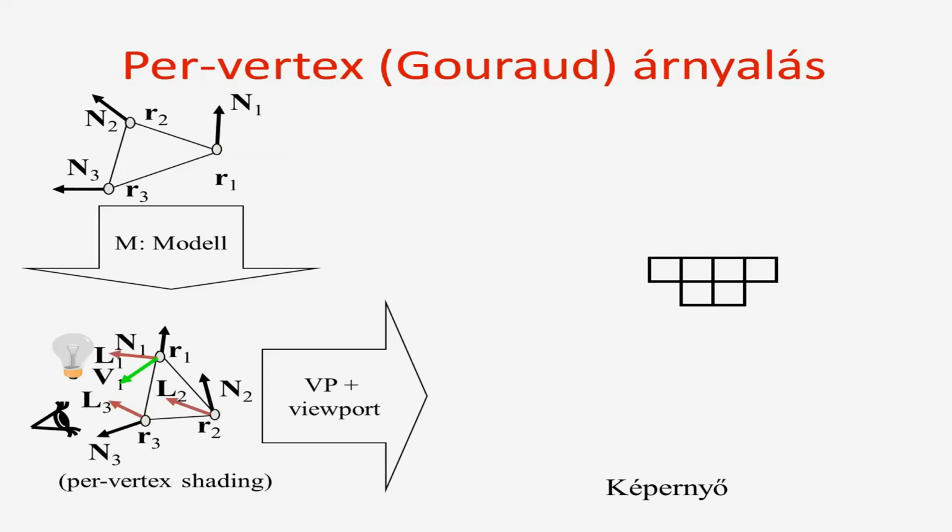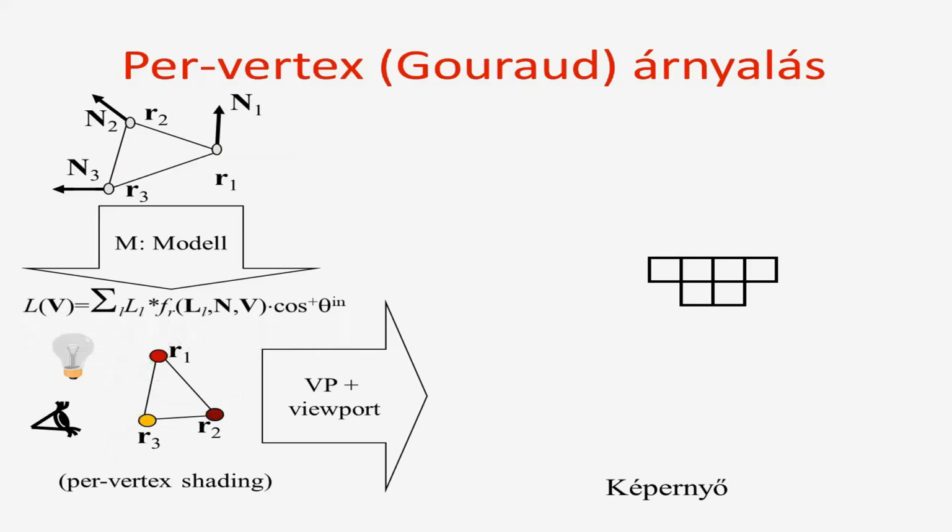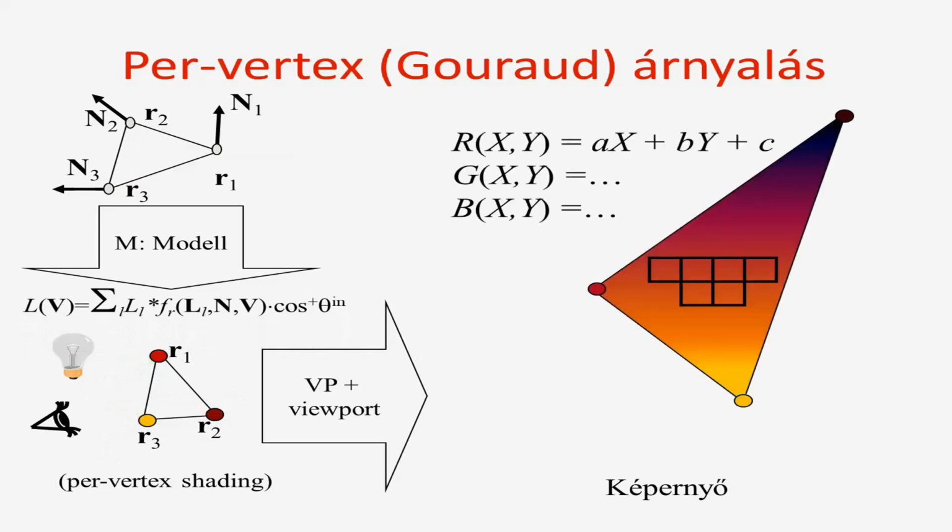If per-vertex shading is applied, these vectors are immediately inserted into the illumination formula, and we obtain the reflected radiance at the vertices. The triangle vertices with their computed colors are mapped to screen space, where the triangle is rasterized. The color of the internal pixels is computed by interpolation of the RGB values of the colors at the vertices. This is very similar to the interpolation of the depth values.